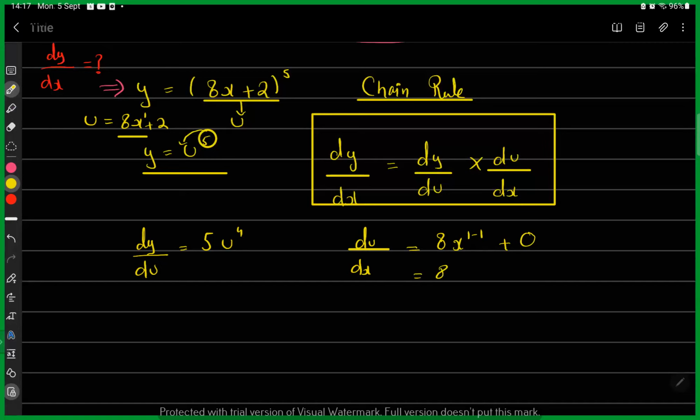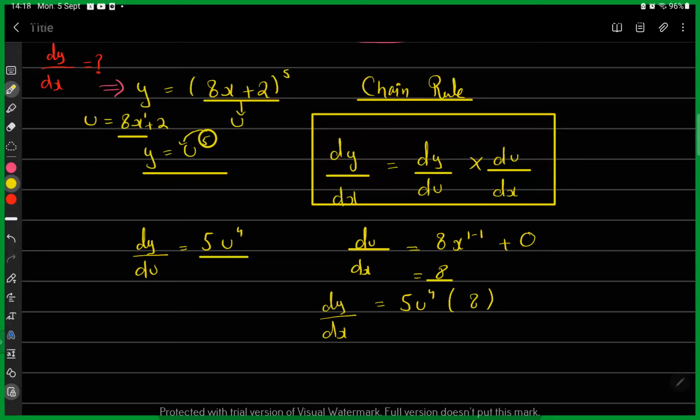So what does this imply? This means that dy by dx is equal to dy by du, that is 5u to the power 4, multiplied by du by dx, that is 8.